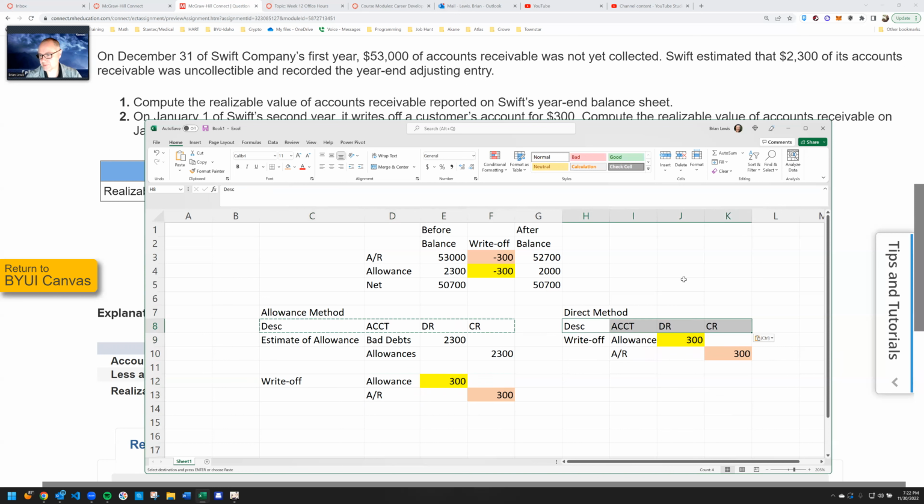So it would just be, instead of allowance, this would be bad debt. Under the direct method, it just goes directly, coming right off your accounts receivable balance. It's a credit, it's reducing your balance in the AR, and it's going directly to bad debt, which is an income statement account. Right. And it's an expense, and so it's got a normal debit balance.